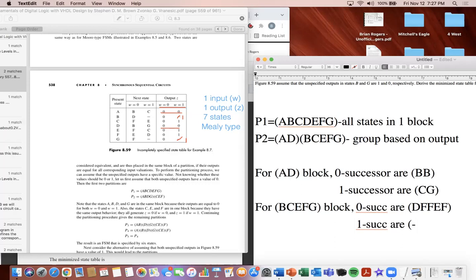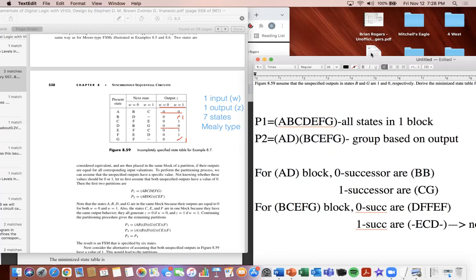For the C, it's going to be E. For the E, it's going to be C. For the F, it's going to be D. And for the G, it's going to be don't care. E, C, D: D is in a different block, not in the same block. Look, the D is in this block where the E and C are in this block here. And so not in the same block, sad face, because I have to retype this.